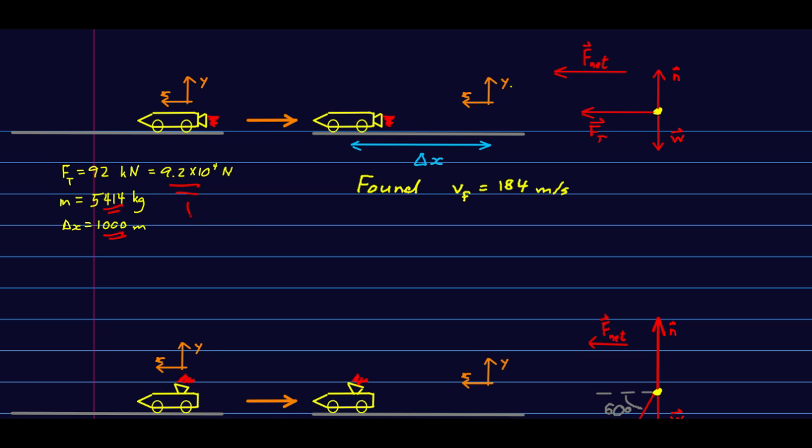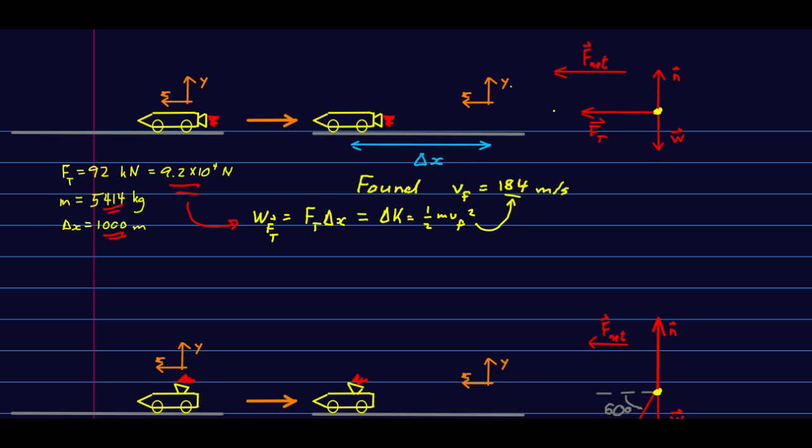And we found that the work done by the thrust was just that thrust times delta x. And if we set that equal to the change in kinetic energy, which, since it started at rest, was just the final kinetic energy, a half m v_f squared, we were able to solve and get 184 meters per second, which was correct.